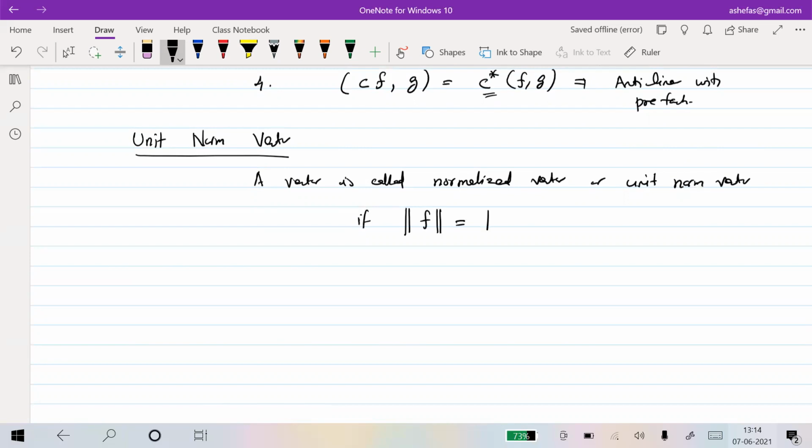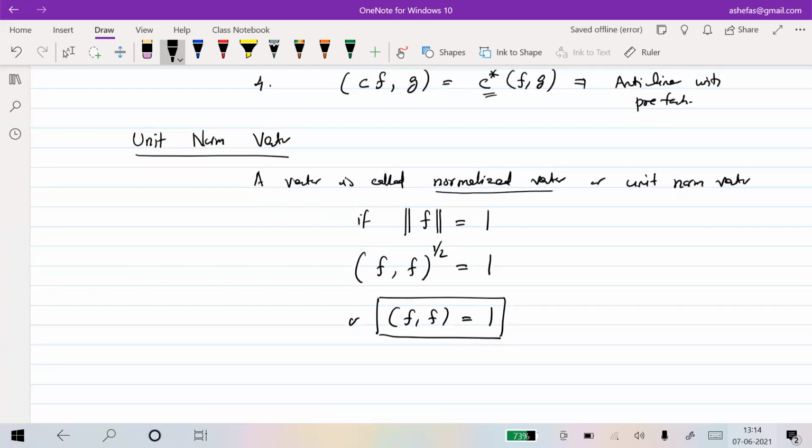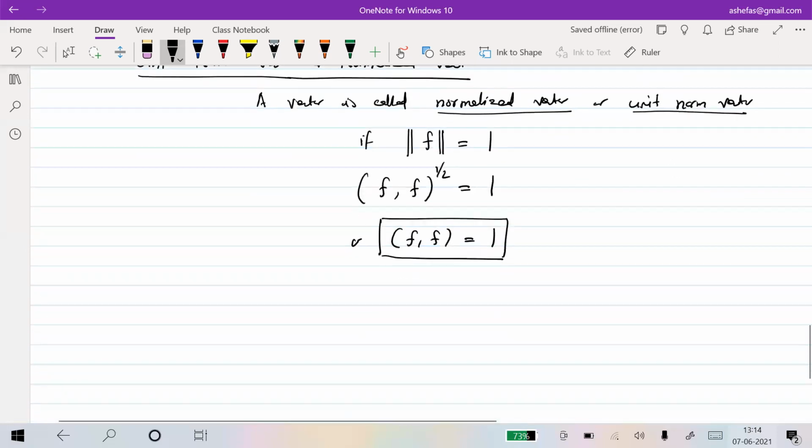The norm is the square root of the inner product with itself, so I can write that the inner product with itself is unity. So a vector is called a normalized vector or unit norm vector if its inner product with itself is unity.